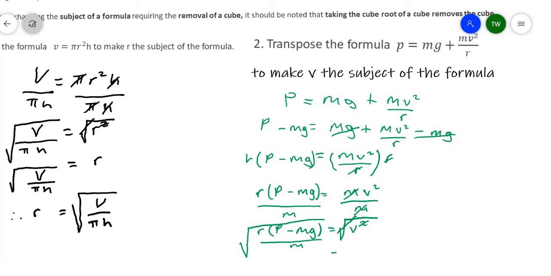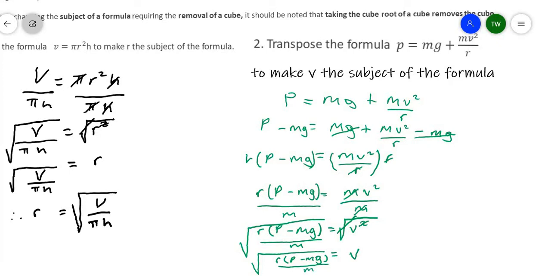That's going to leave us with just v here. And what we have here, we'll just write back, which is the square root of r times p minus mg, all of that divided by m.